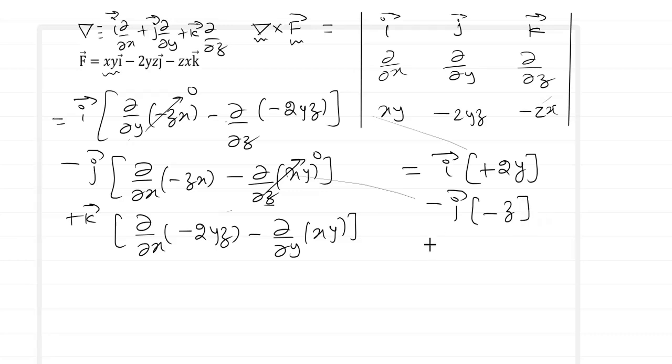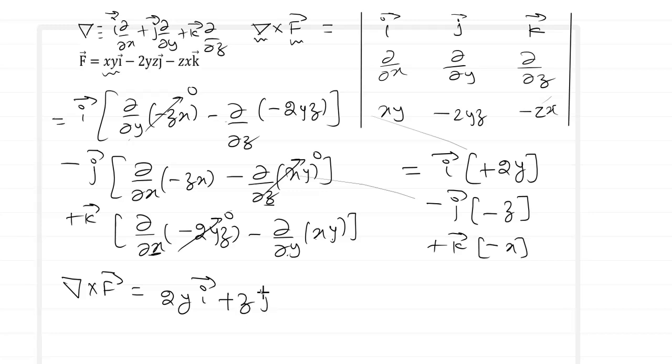So j is over. k times of, what is going to be the first term? x, but no x, so this will become 0. Second term, with respect to y, I have minus x. So my del cross F vector is 2y i vector, minus into minus plus z times j vector, minus x times k vector. So my del cross F is over.